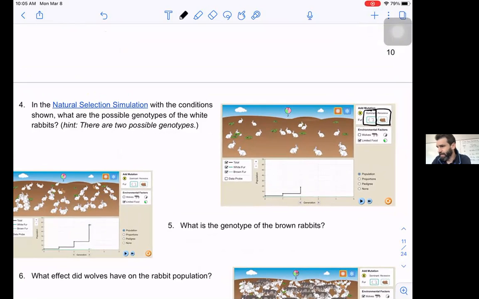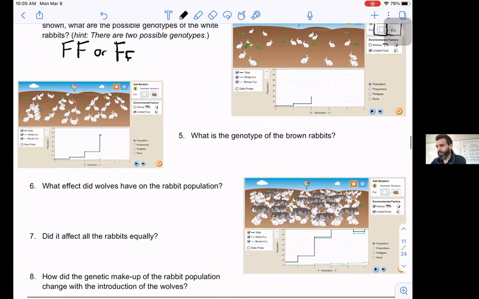They could be big F, big F, or big F, little f. And the genotype of the brown rabbits has to be recessive, so that was little f, little f.